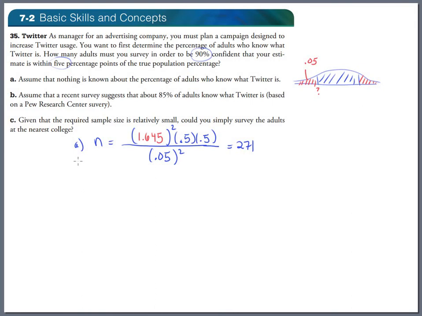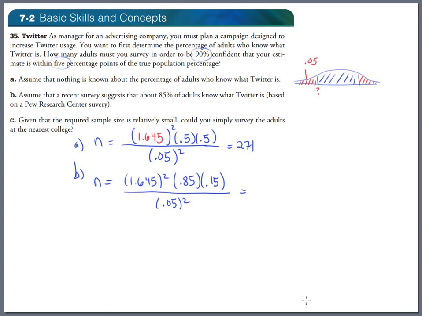For part B, again, same setup. They're just saying we know 85% is the p hat now. So same stuff, 1.645 squared. P hat is now 0.85, which means q hat would be the other 15%. Still divided by 0.05 squared.